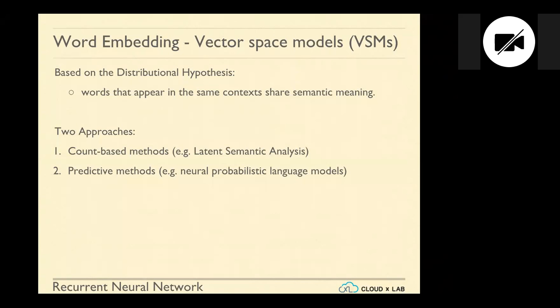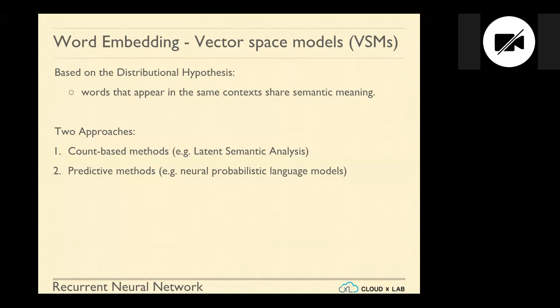predictive methods. The one that we are going to do today is the second one, using neural network to figure out the meaning of words. Using neural network and a huge corpus of text, we can figure out the meaning of words. Okay, so we could keep on feeding to our RNN, I drink water, and then followed by the next word, and so on.